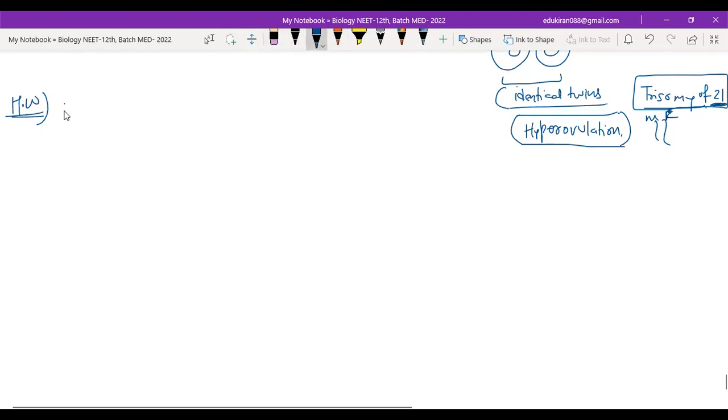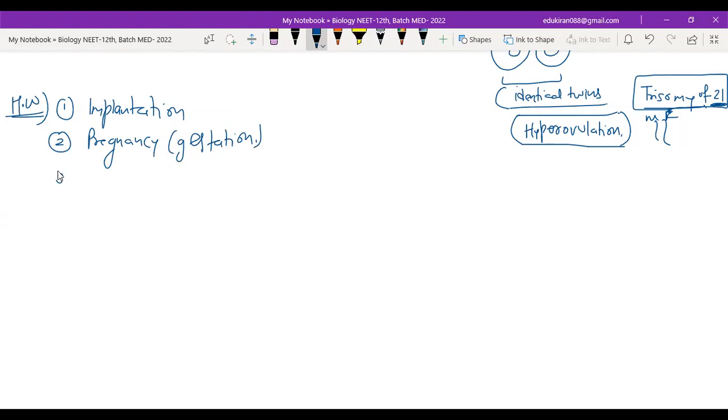So you have to study implantation, pregnancy, which is also known as gestation, then lactation, which is production of human milk in the mammary glands of the female, and parturition.